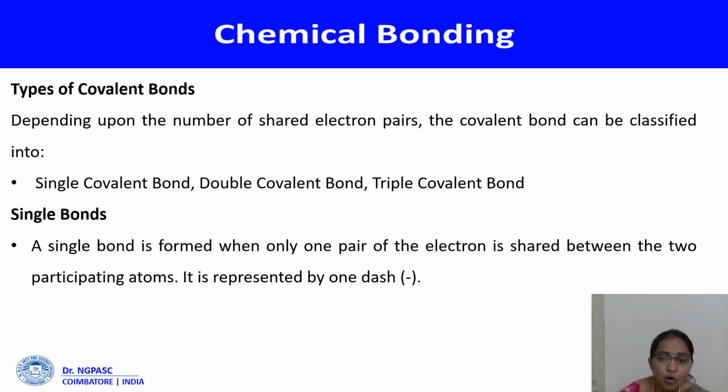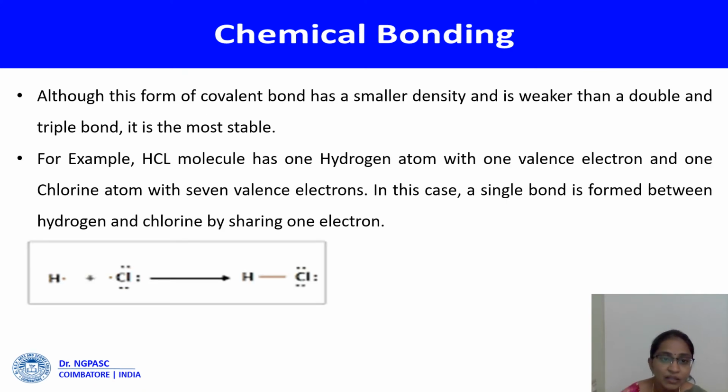A single covalent bond is formed when only one pair of electrons, that is two electrons, is shared between the two participating atoms. It is represented by one dash. For example, the HCl molecule, where the hydrogen atom has one valence electron.